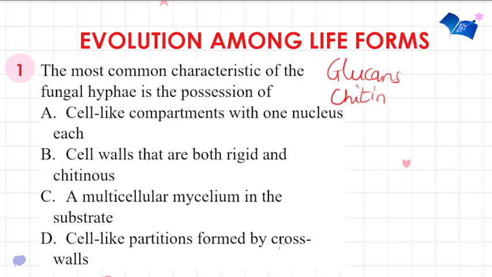Now let's look at what chitin is. If you look at the exoskeleton of insects, let's use a cockroach for instance, the outermost part of the cockroach's body is made up of exoskeleton. That's why the cockroach is usually hard. It's made up of chitinous exoskeleton.